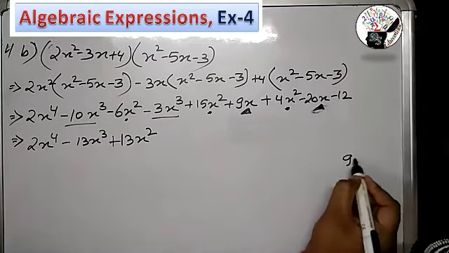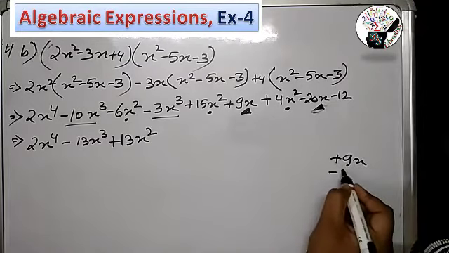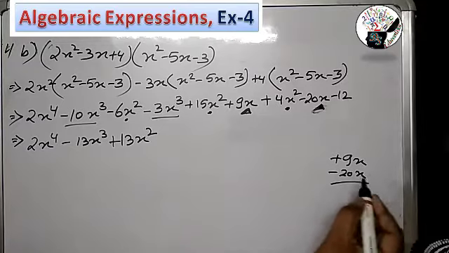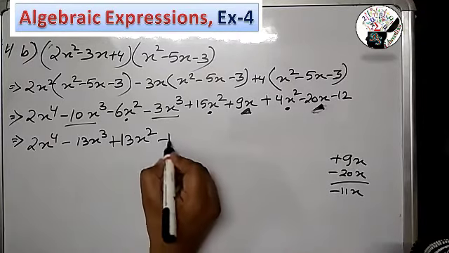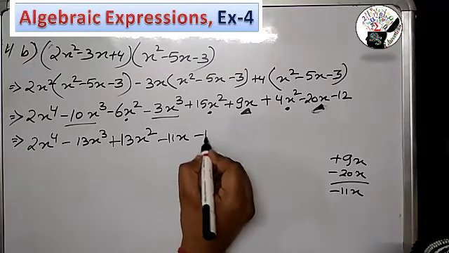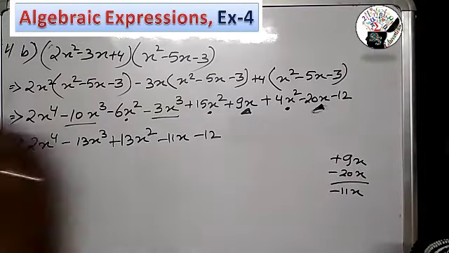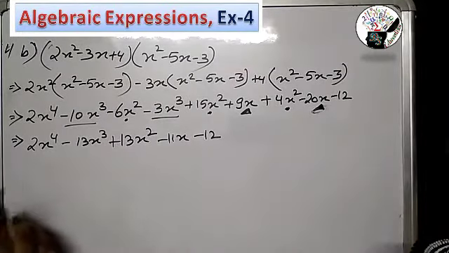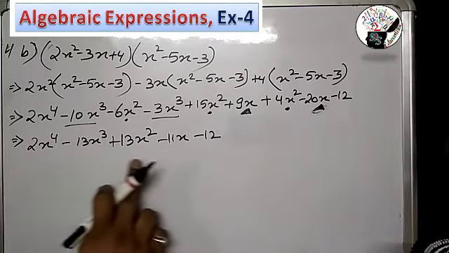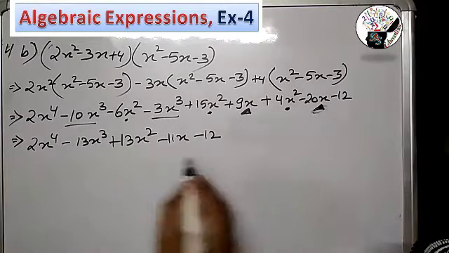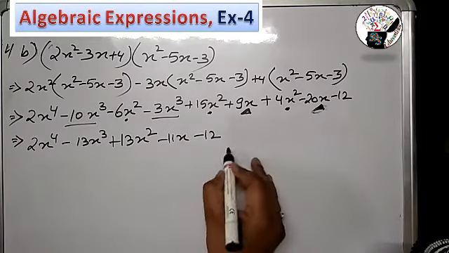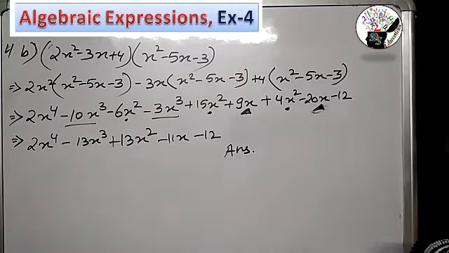So here it is plus 9x and minus 20x, so it will become minus 11x. I will write minus 11x and minus 12 at the last. If you see, already the values are arranged in a systematic way, so there are no other like terms now. This is your final answer.